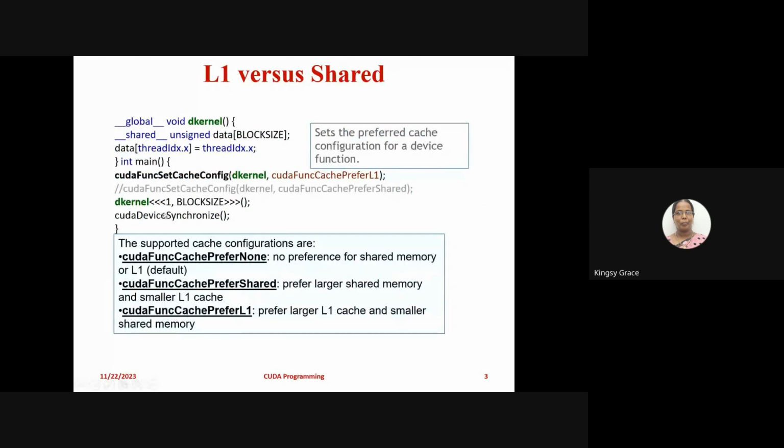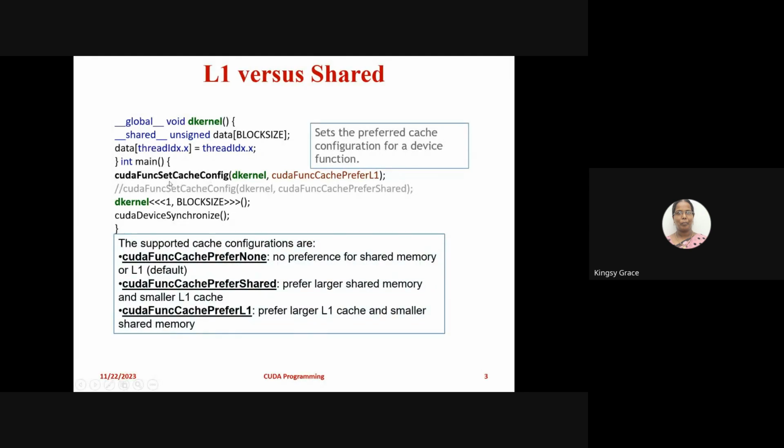You can see here the kernel program is given, and you have one shared variable, data, which is an array. After that, we are using some threads in that particular block. In the main function only, you are going to give cudaFuncSetCacheConfig.